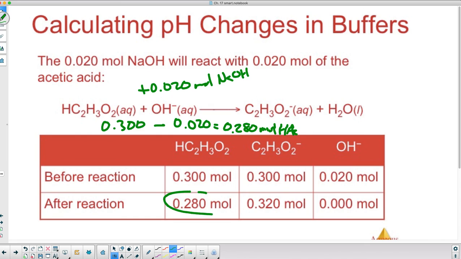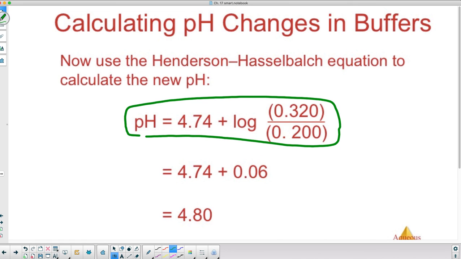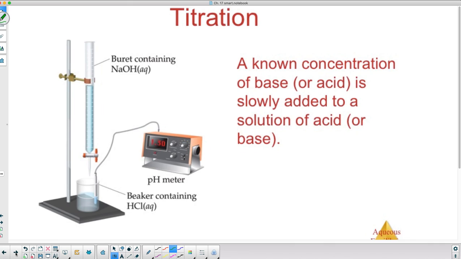This is the stoichiometric part, and then we get into our ICE, or we can just go right into the Henderson-Hasselbalch equation, which is what this is right here. And we don't have to do our ICE equation. Okay? Thanks for paying attention, guys. I'll explain more thoroughly in the sample problems.